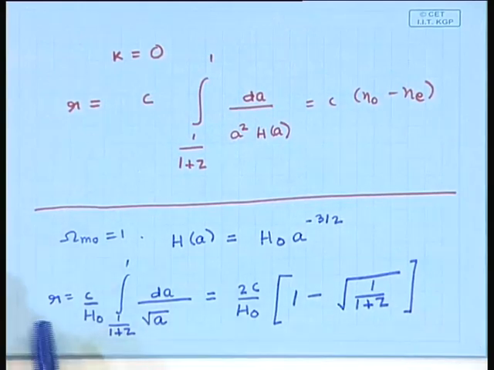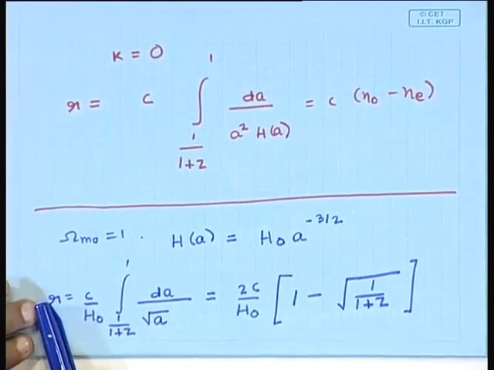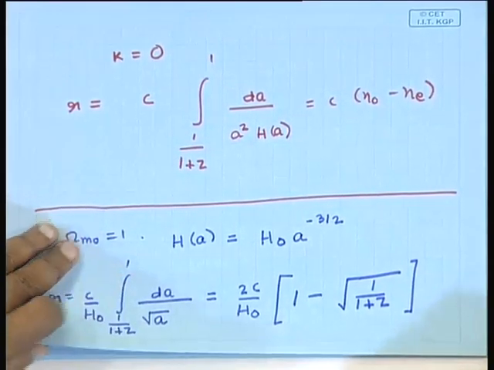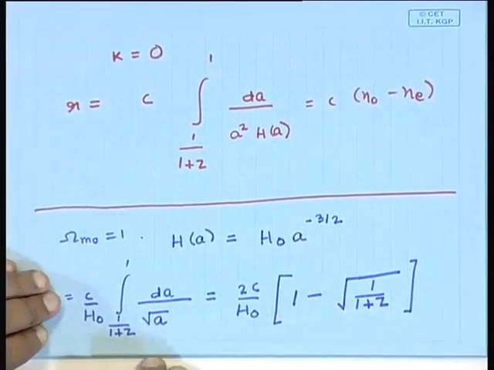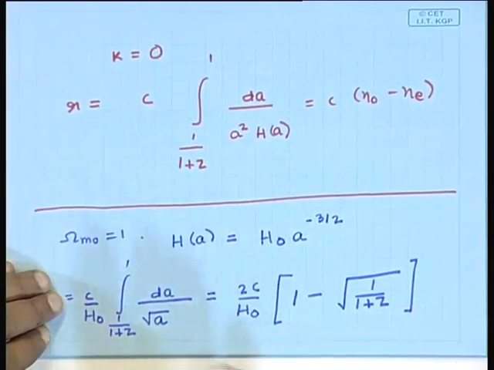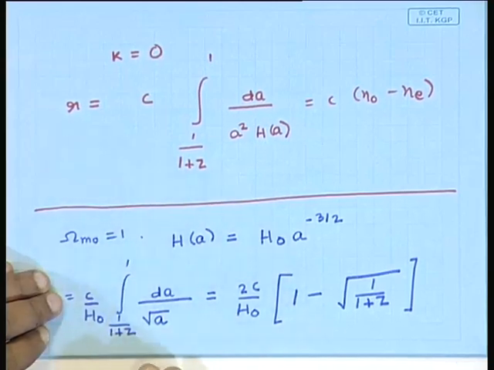So, now we have the relation between the redshift and the coordinate distance to the galaxy. Okay. The first thing that we should check is that for small redshift, we recover the usual Hubble's law. What is the Hubble's law? The redshift is proportional to the distance, right.